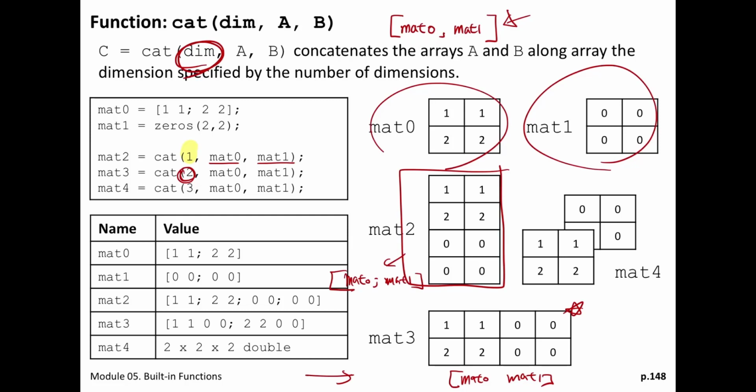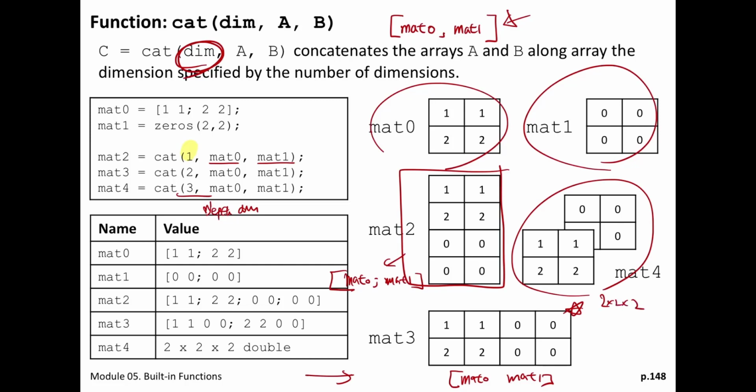But if we use the 3, that is the depth direction. This is the depth direction. So you will get this 3D matrix, which is 2 by 2 by 2.